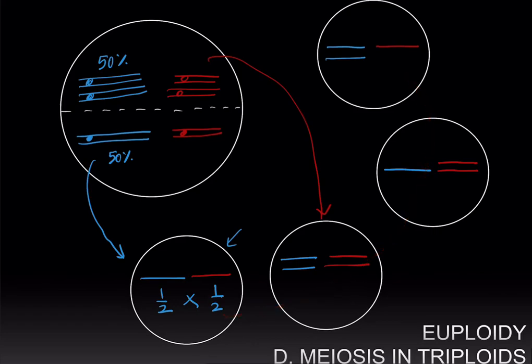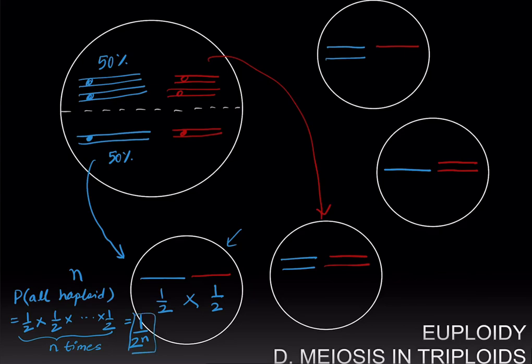both the chromosomes. Now we can extrapolate this to say that if our haploid number is n, then the probability of getting all haploid is going to be a half times half n times, which is equal to 1 over 2 to the power n.